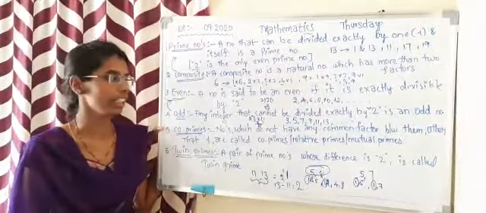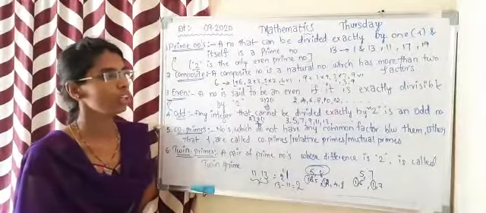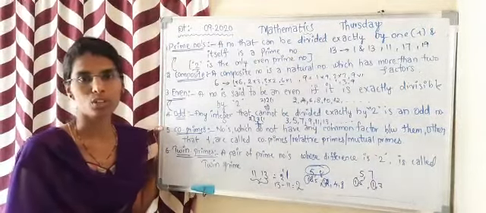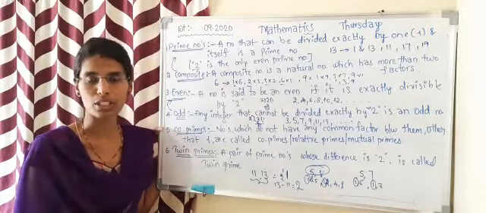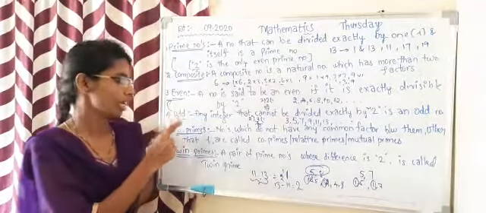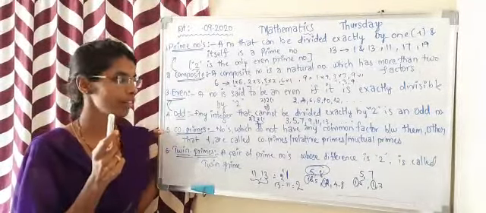Odd number: any integer that cannot be exactly divisible by 2 is an odd number. We can simply say when a number is divided by 2, if it leaves a remainder of 1, then that number is considered to be an odd number. Next, co-primes. Any two numbers which have only 1 as a common factor.